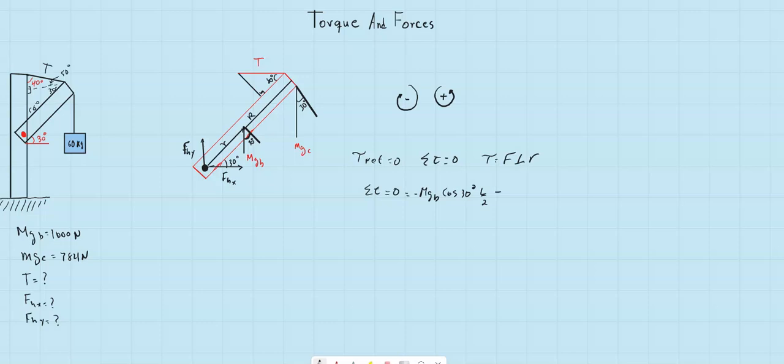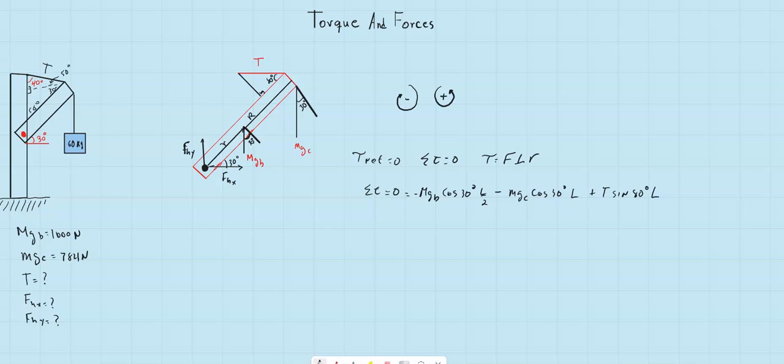Minus the other one, which is the same thing: mg of the crate times the cosine of 30 degrees times the length of the beam. Plus, I just find out my component is perpendicular, so it will be the sine. It will be plus T sine of 80 degrees times the length.